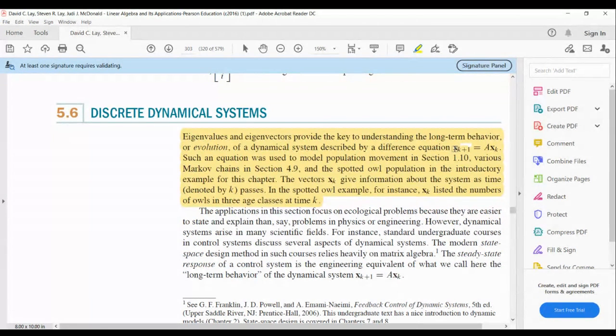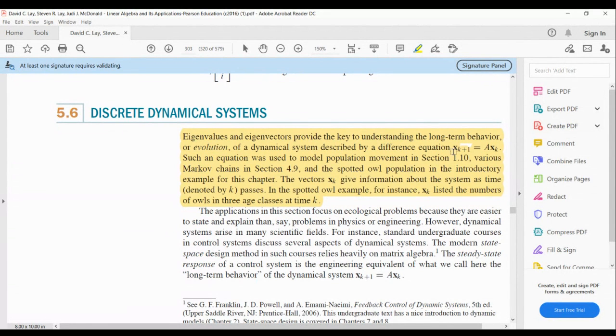They talk, at the beginning of chapter 5, if you look in your ebook, right before section 5.1, about a general problem that uses eigenvectors and eigenvalues regarding spotted owls. You might want to look at that, but we're going to do a couple examples here today.